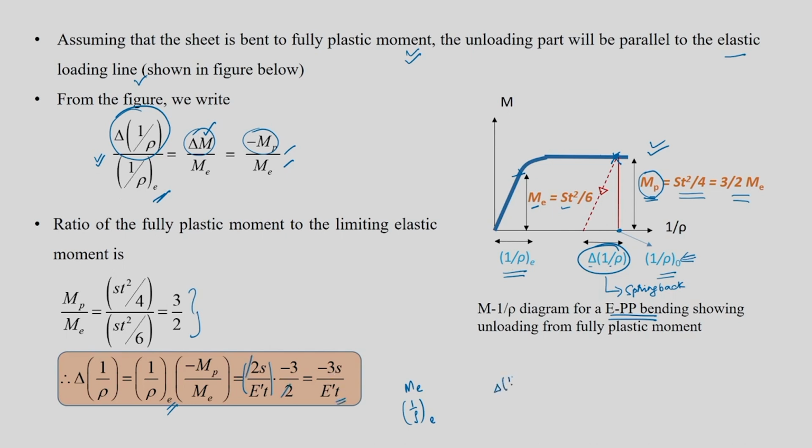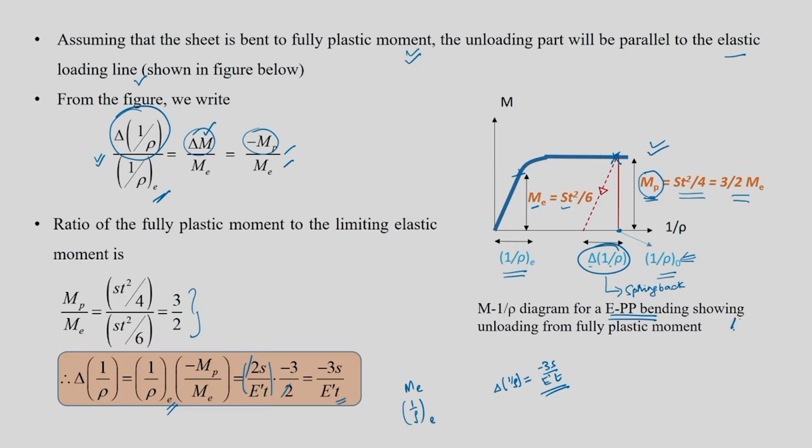So del 1 by rho is nothing but minus 3S by E dash t, which is a simple equation to calculate the change in curvature because of spring back for a material which is following elastic perfectly plastic bending, and unloading is done in fully plastic stage, fully plastic moment.